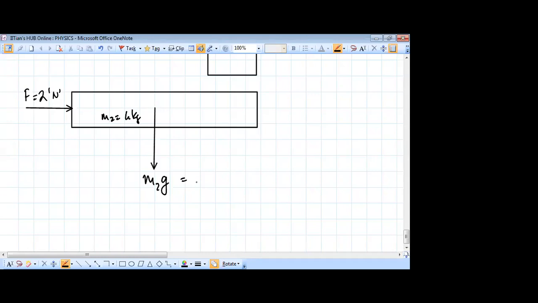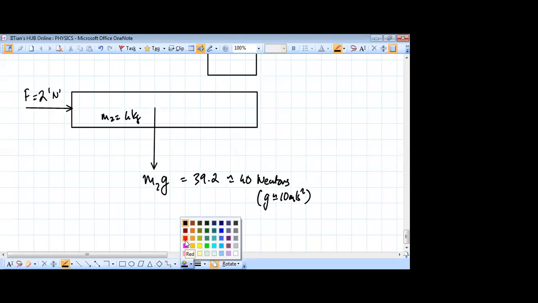Which we can approximate as 40, or we can write it as 39.2, or approximately 40 newtons if we take g as the approximate value, 10 meters per second square. That is the weight. And then the ground is applying some upward normal reaction on this.